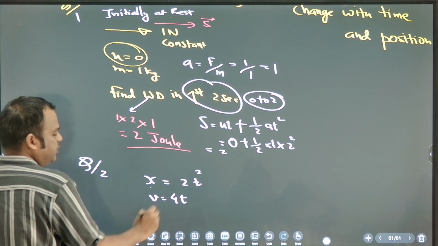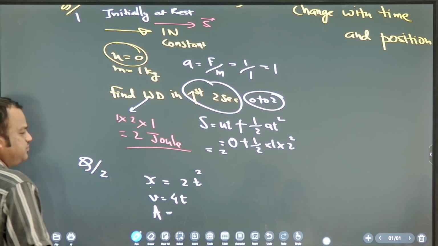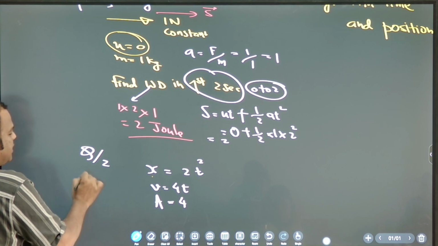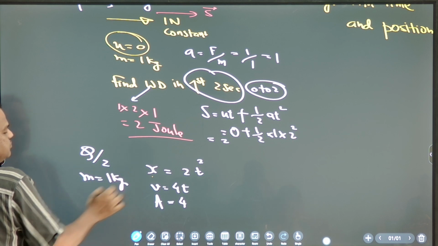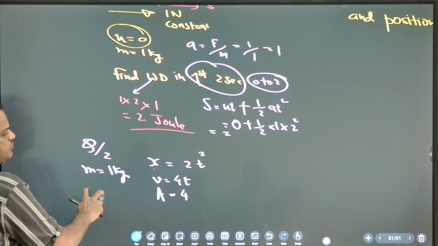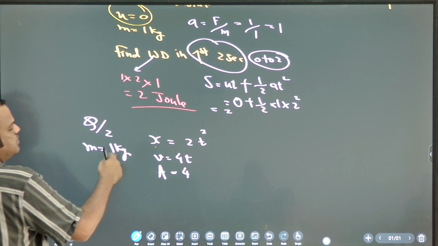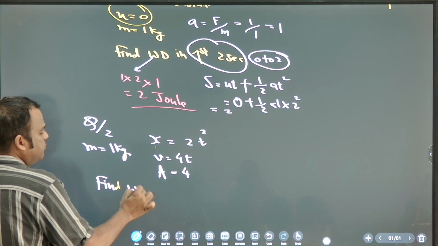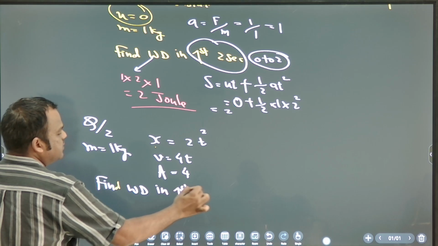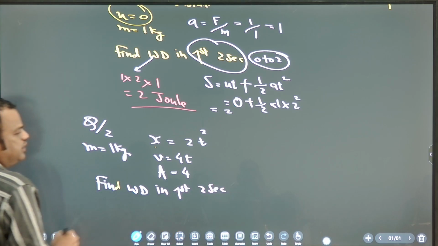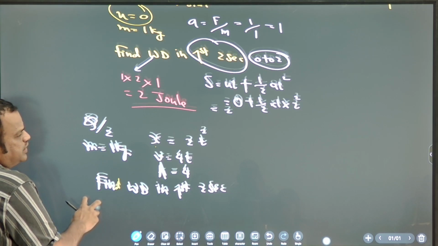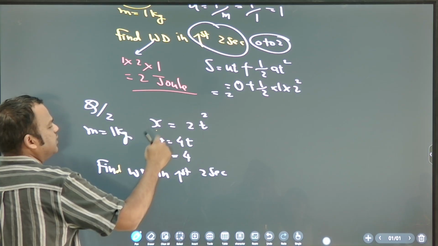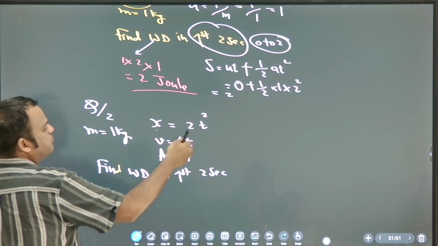So calculate velocity, differentiate: 4t. Very good. Now calculate acceleration: 4. Very good. Now suppose mass is 1 kg, and I am asking, find work done in first 2 seconds. X is equal to 2t square, V is 4t, A is 4.